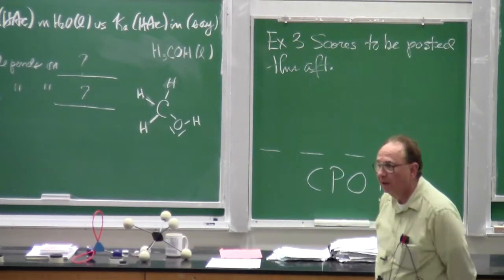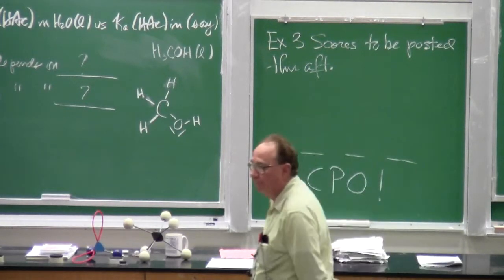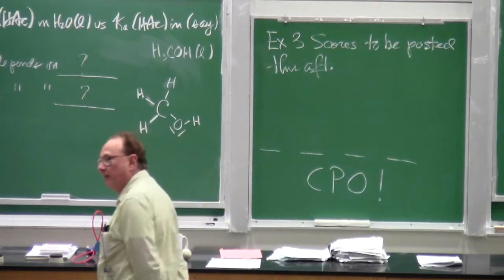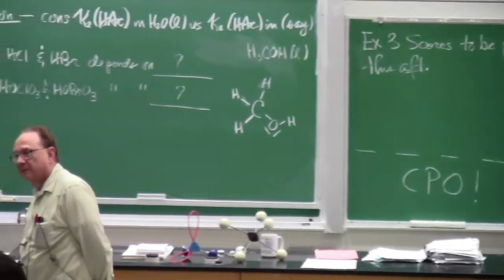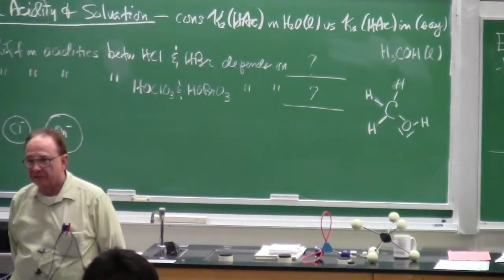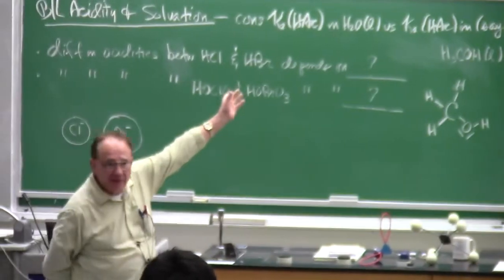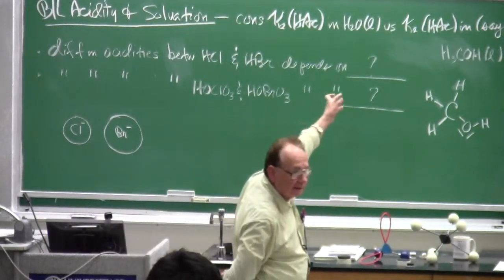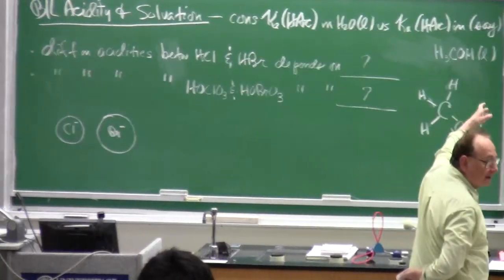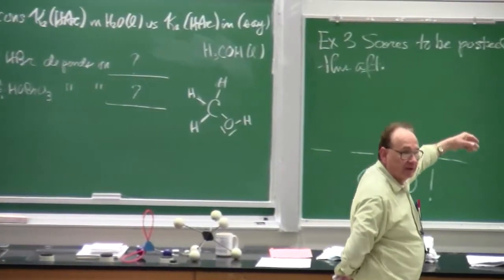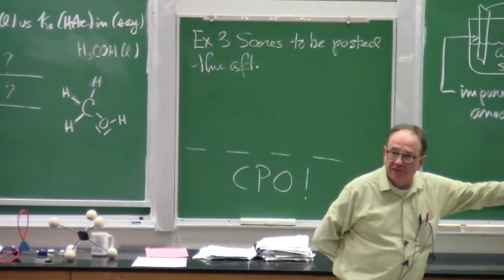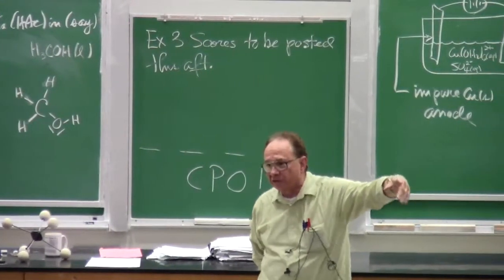You remember when we talked about the possibility of making H plus and HO minus in the vapor phase? H plus gas and HO minus gas. We compared that to the possibility of getting water molecules to react with each other to produce hydronium ion and hydroxide ion in water solution.